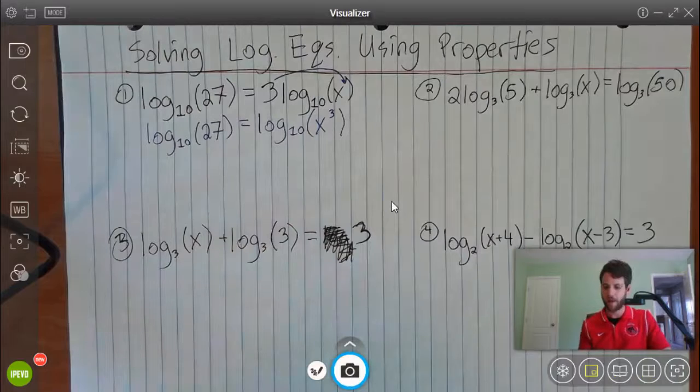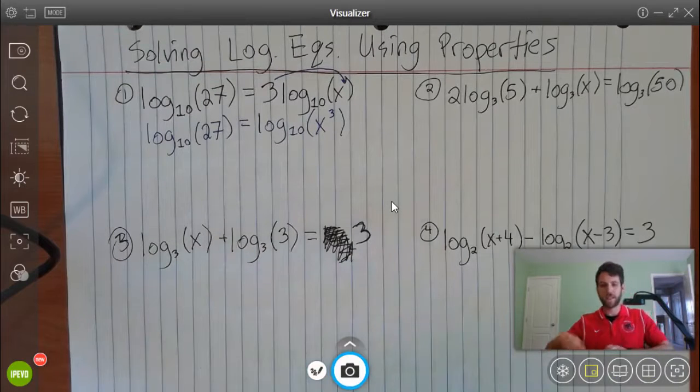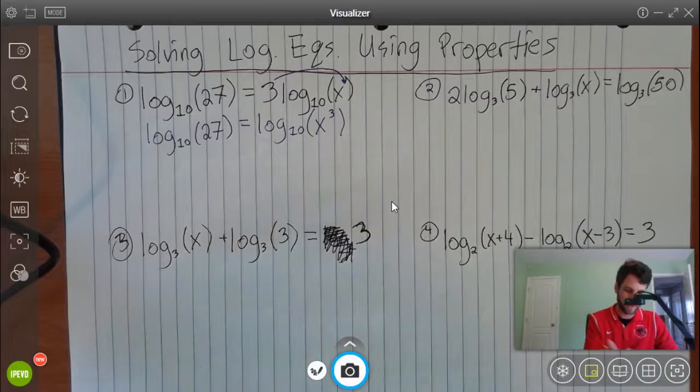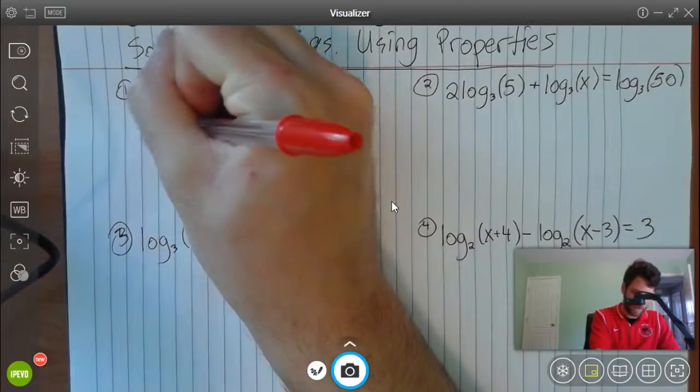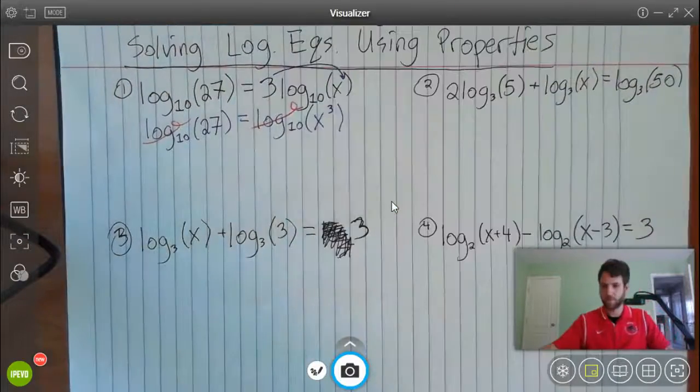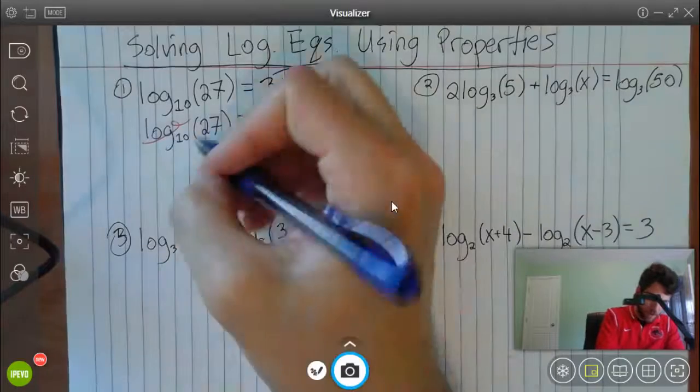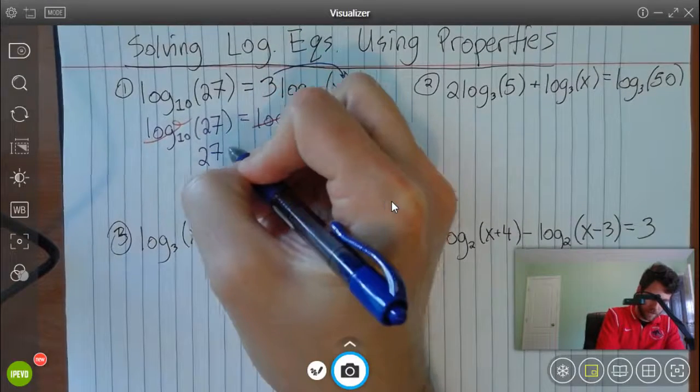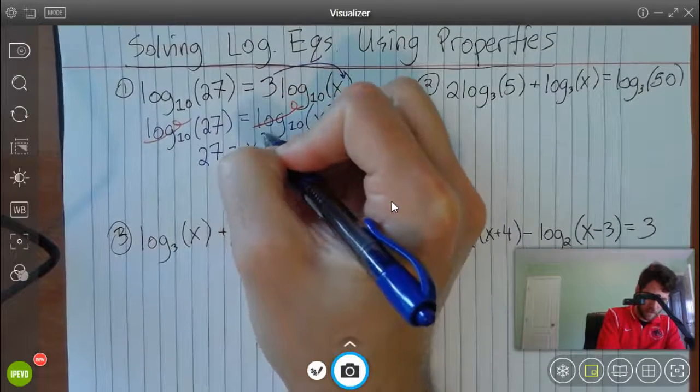And now that we have a log of base 10 on both sides with nothing else, we can just get rid of these two logarithms. And we now know that 27 is equal to x cubed.